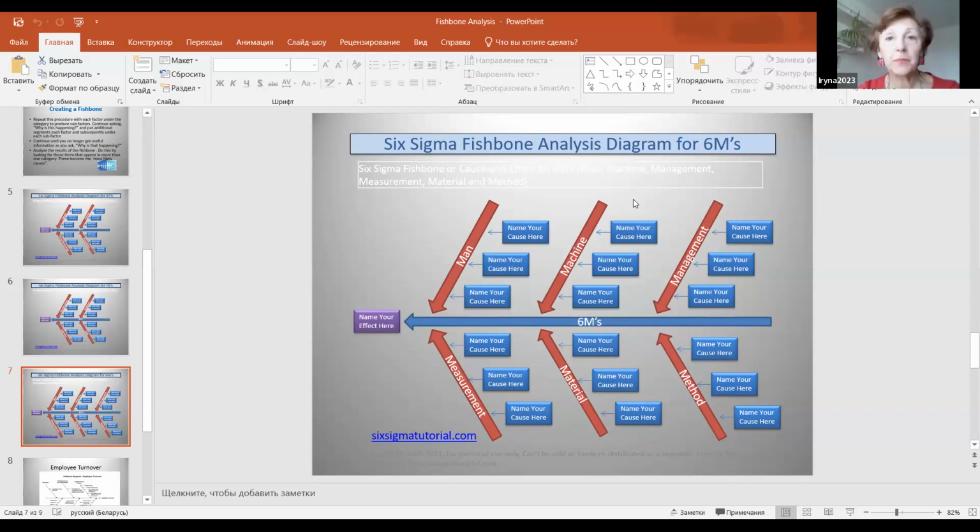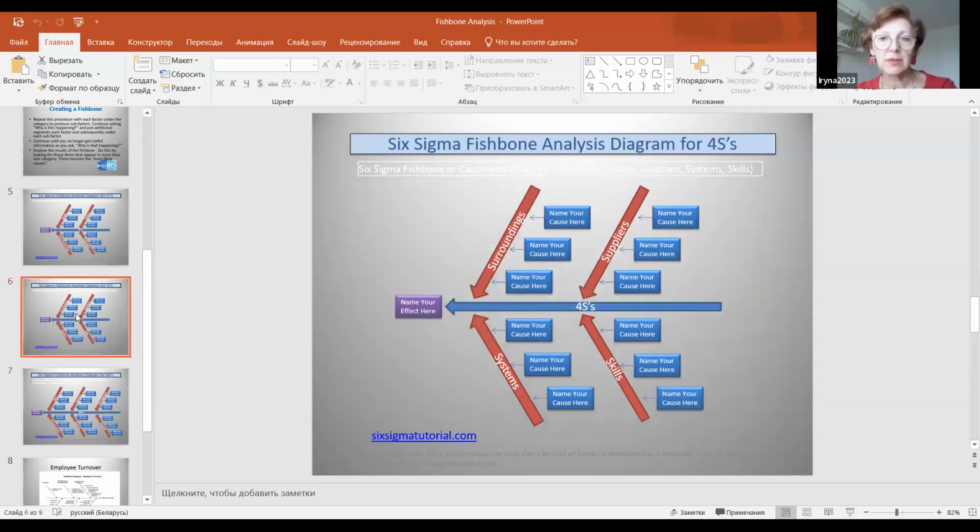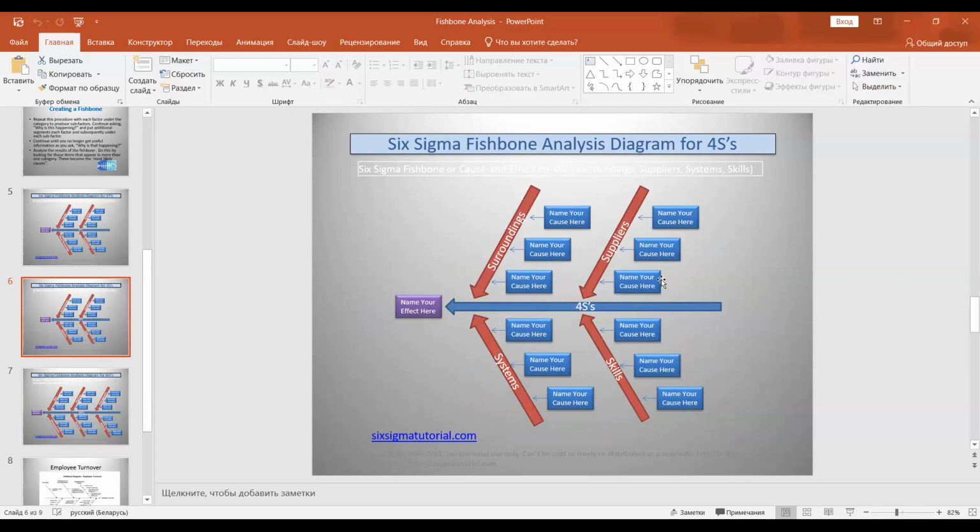Where does this factor belong? How would you name it? Is it surroundings? Yes, surroundings, or you can use the word environment.